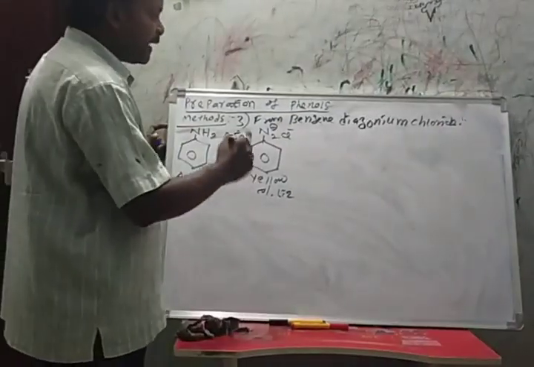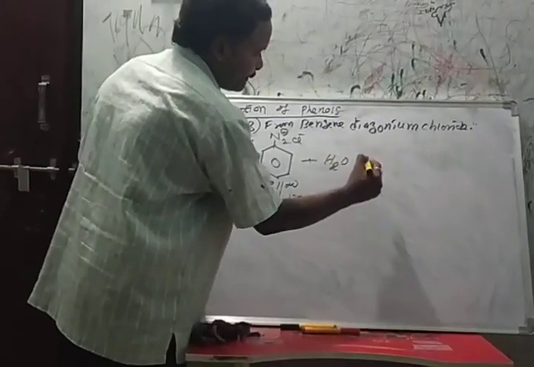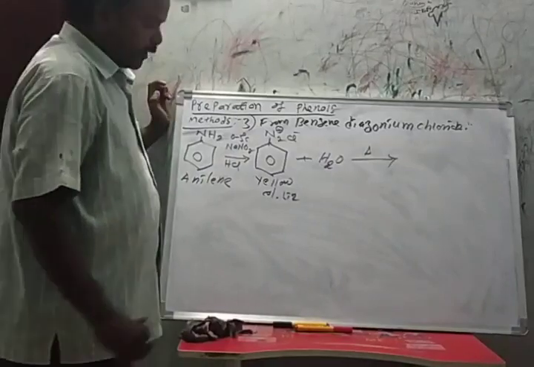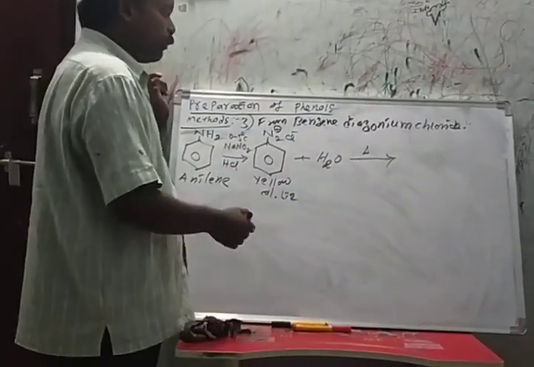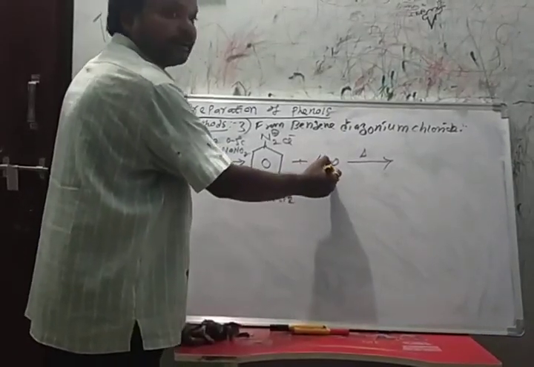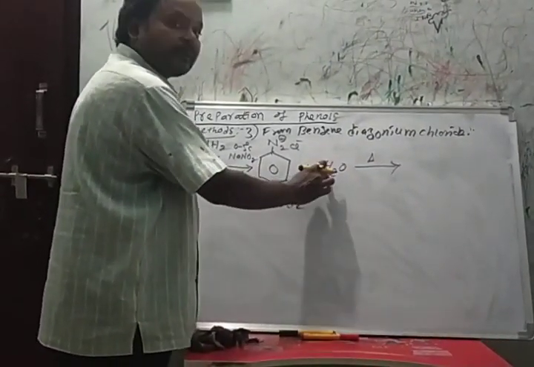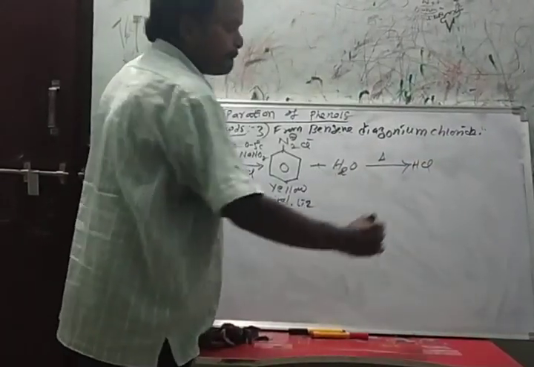This benzene diazonium chloride reacts with water, just warm, or you have to take steam or hot water. What happens? Water releases H plus and OH minus. The H plus ion reacts with the Cl and we get HCl.